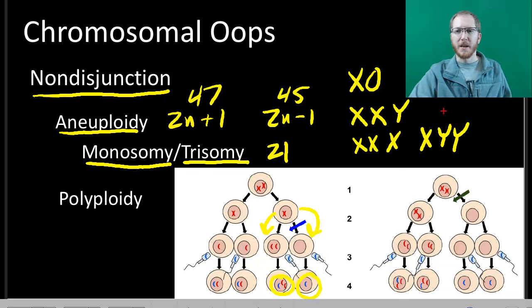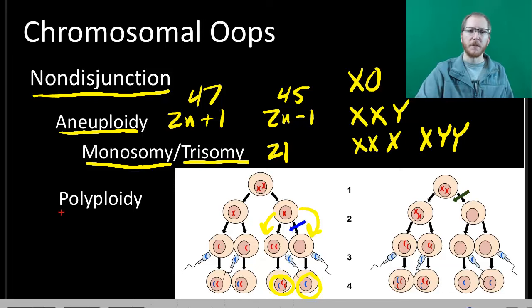Maybe a little bit more testosterone, maybe a little bit more likely to take risks and end up in, I don't know, prison. But overall, I think that these are pretty normal. You wouldn't look at somebody and go, oh my gosh, that's a super male. No, you're not going to see that they're XYY. So with the sex chromosomes, we do have quite a bit of this that can work and we can survive.